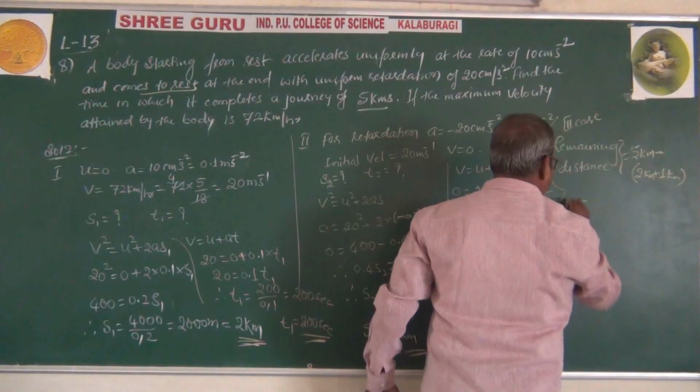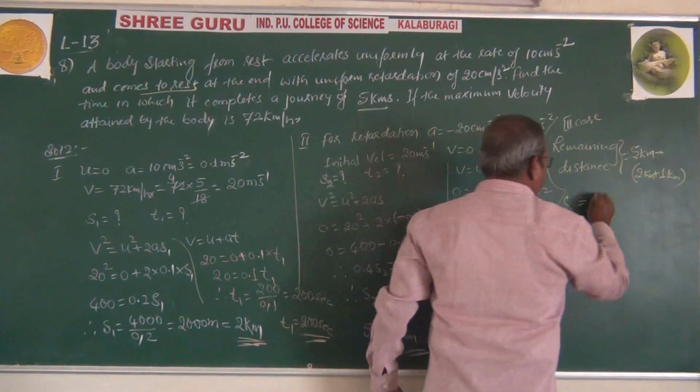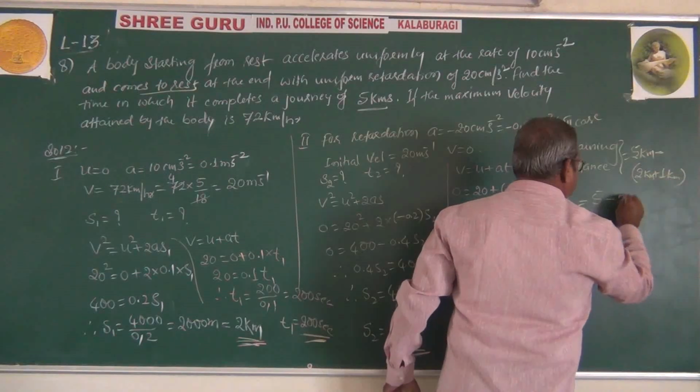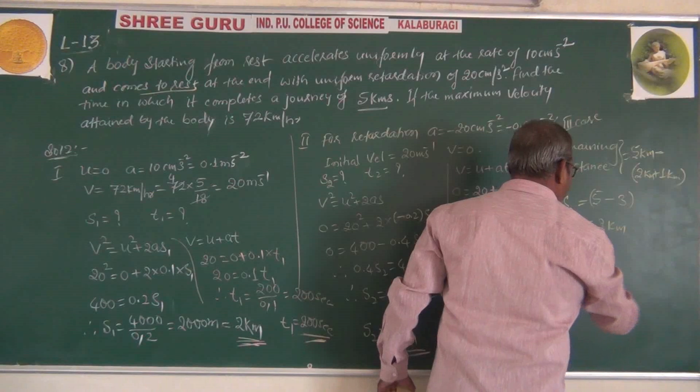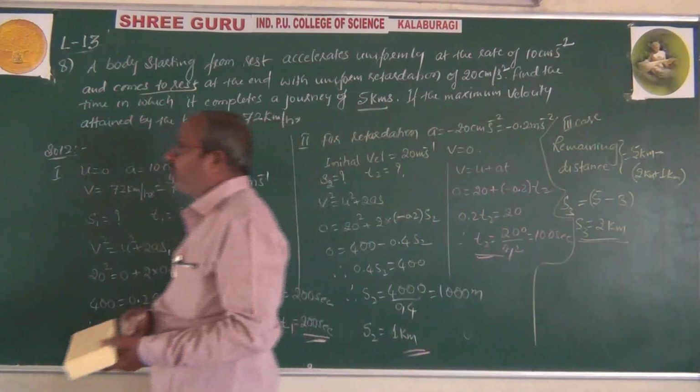So the total, here S3 is the remaining distance, 5 minus 3 equal to 2 kilometers. Remaining distance is 2 kilometers.